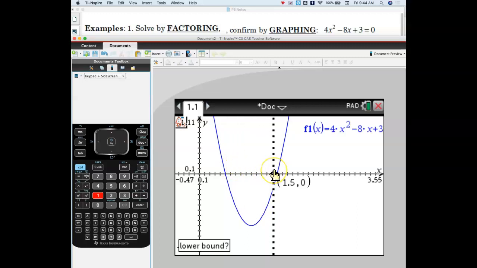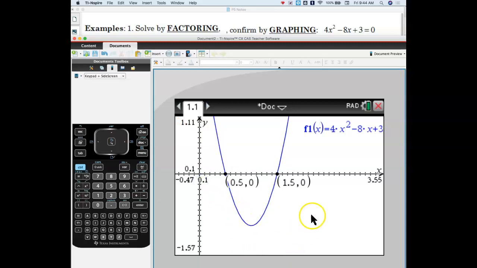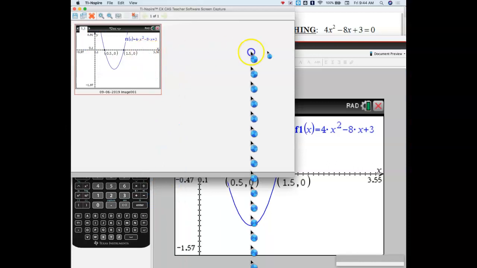I could start way over here if I wanted to, and it would still give me that zero as long as there's a zero in that shaded area. If there's not a zero in that shaded area, it's not going to give me one. So don't try and be exact with it when you can just be regular with it. So that's my little helpful hint.